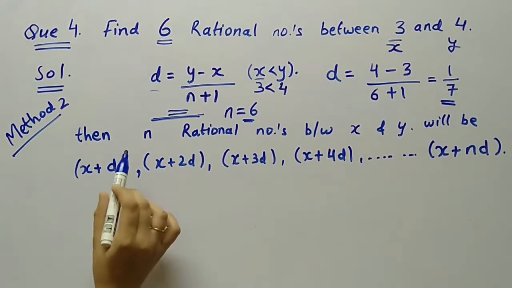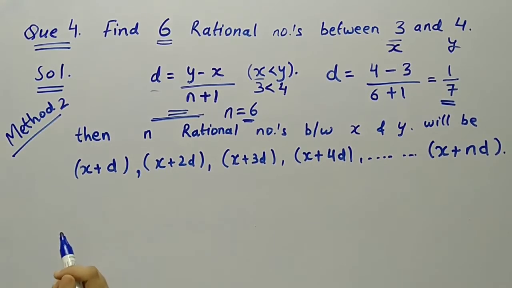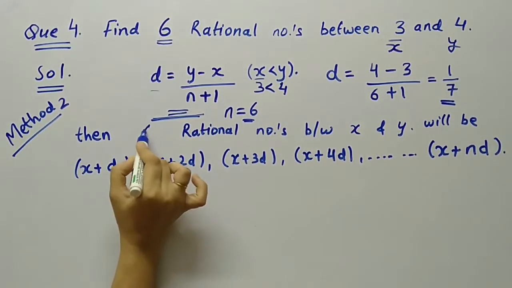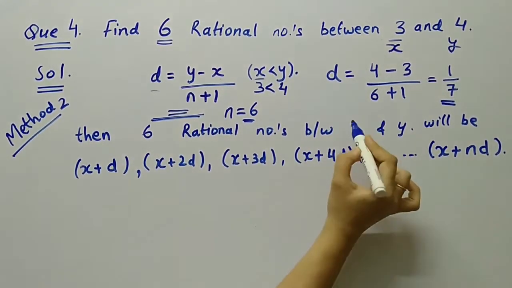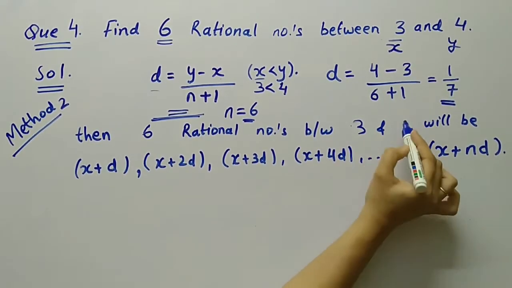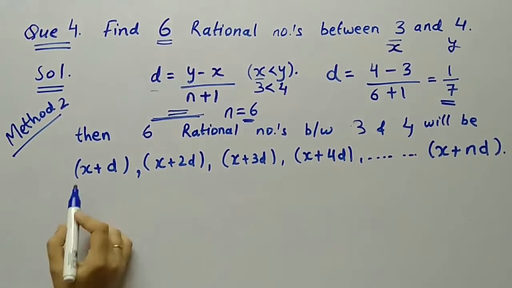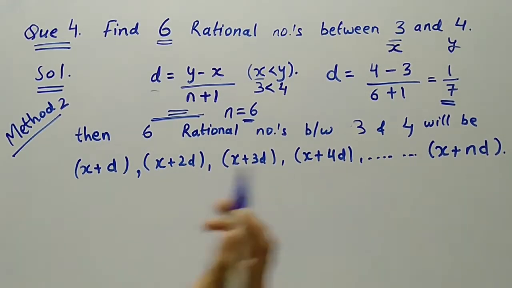So the 6 rational numbers between 3 and 4 will be x plus d, x plus 2d, and so on.